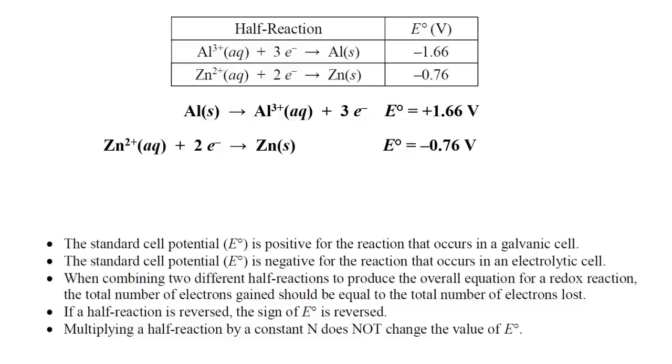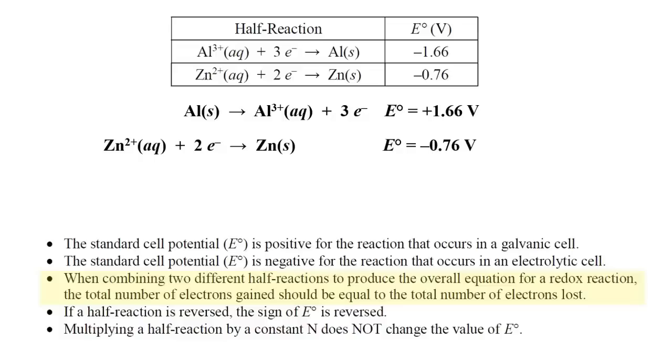Now, the other thing we have to look at is whether the number of electrons gained equals the number of electrons lost. When combining 2 half reactions to produce the overall equation for a redox reaction, the total number of electrons gained should equal the total number of electrons lost.